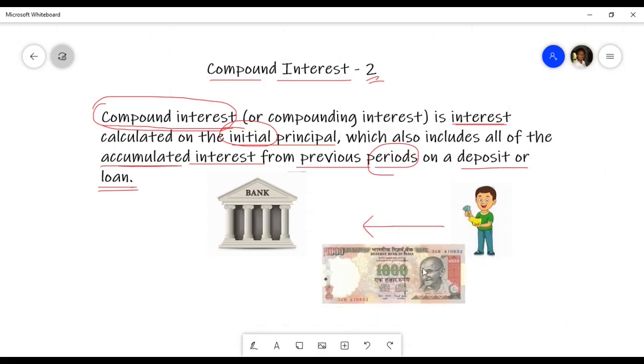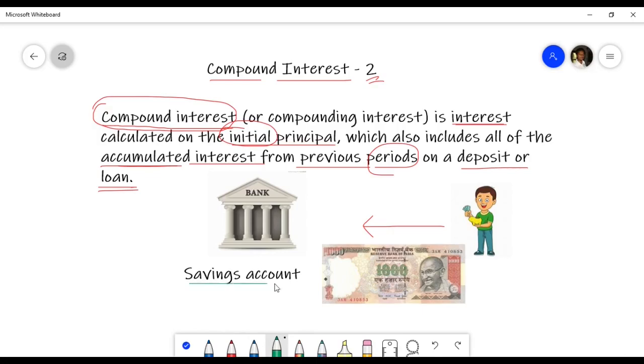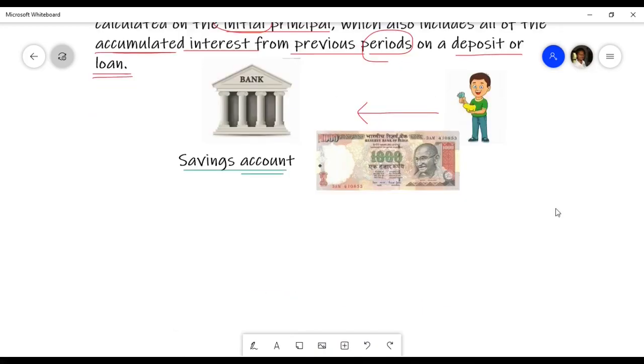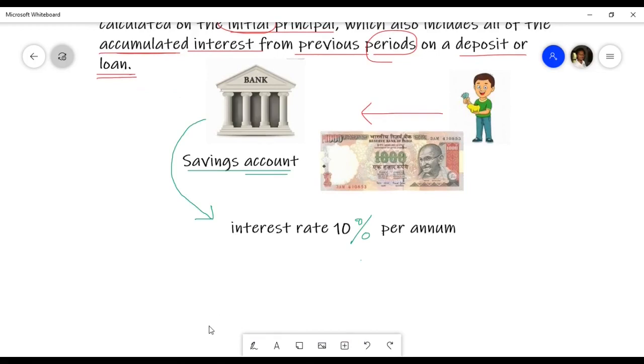He has a savings account in a bank, so he deposits 1000 rupees in the bank. And let's say the bank's interest rate is 10% per annum. Per annum refers to per year.